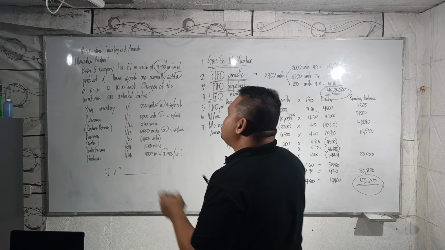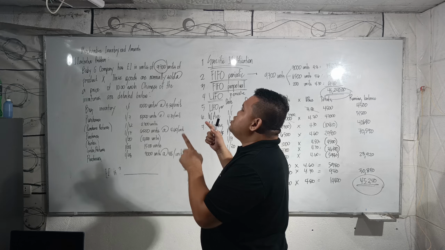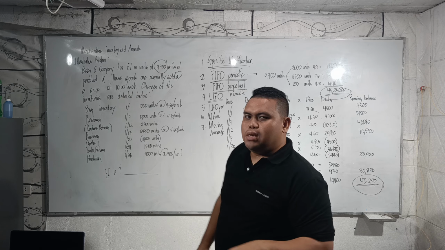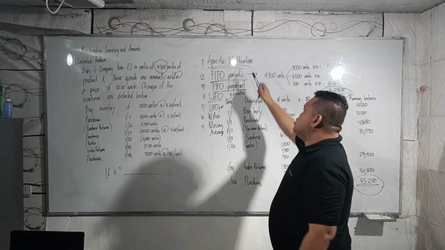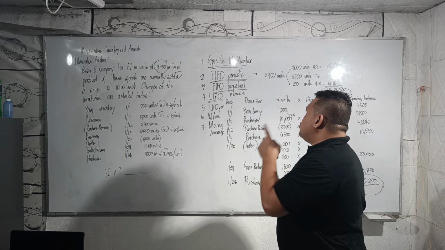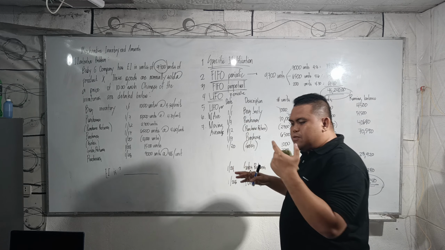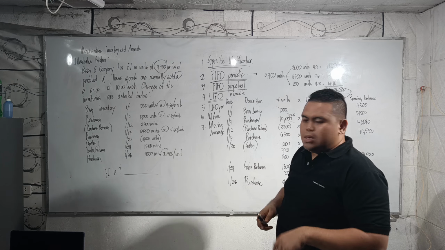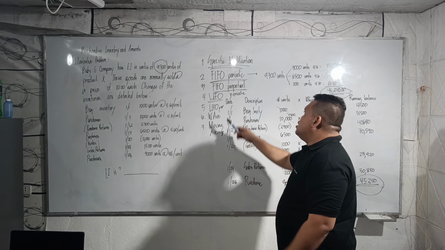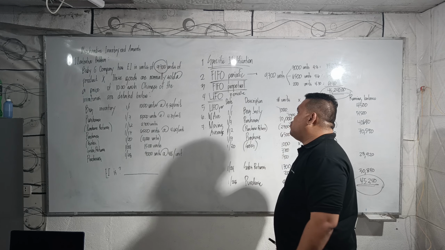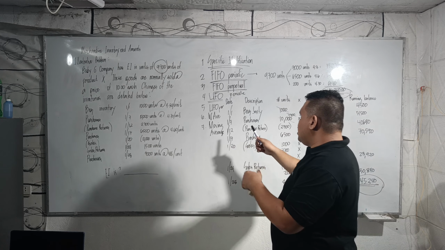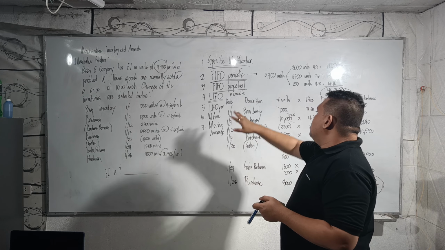So we are at the computation of merchandise inventory and amounts. And in the last episode, we talked about specific identification, first in first out periodic, and first in first out perpetual. So I said we have to compare the first in first out with the last in first out and the last in first out perpetual.